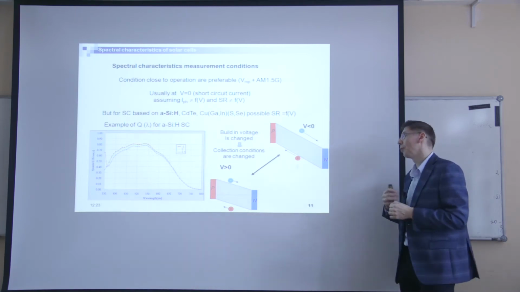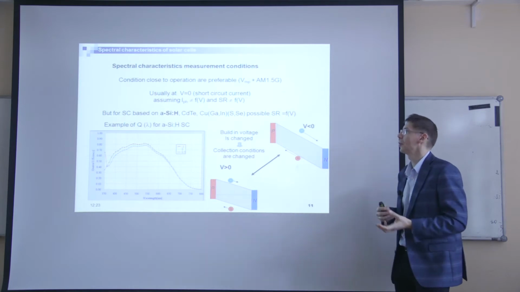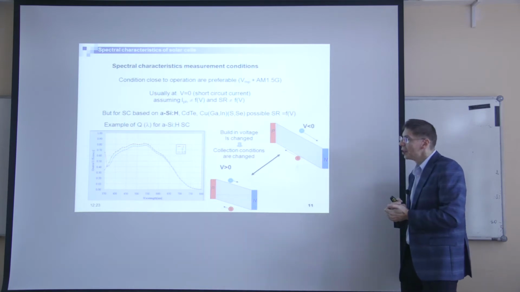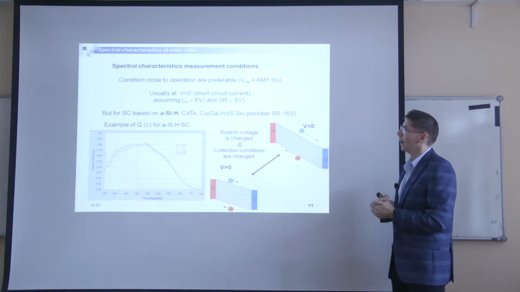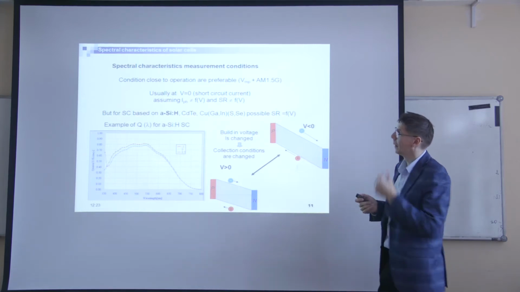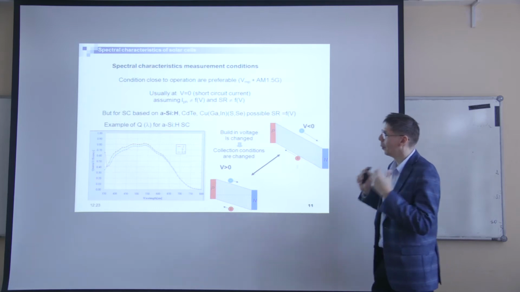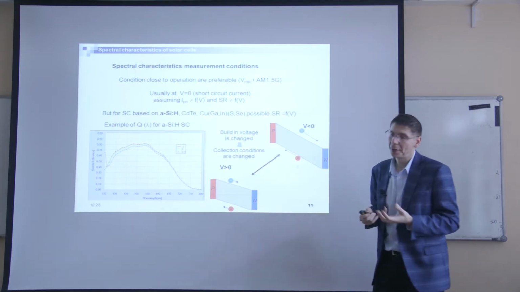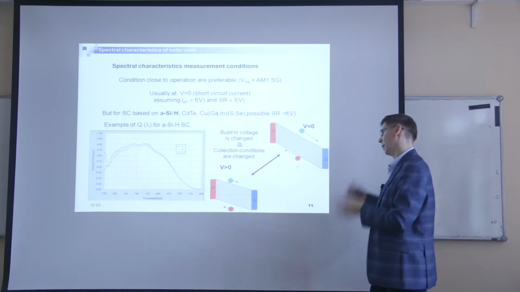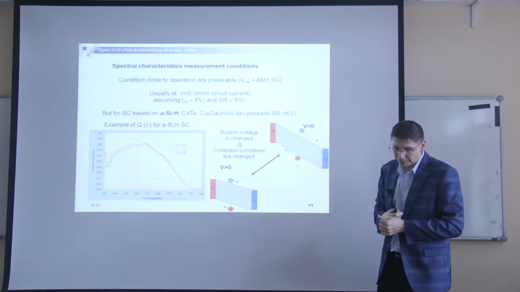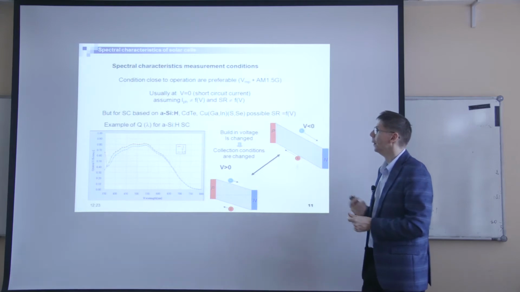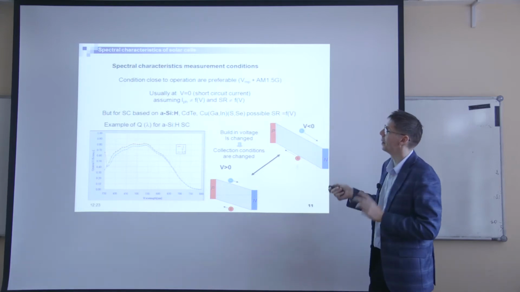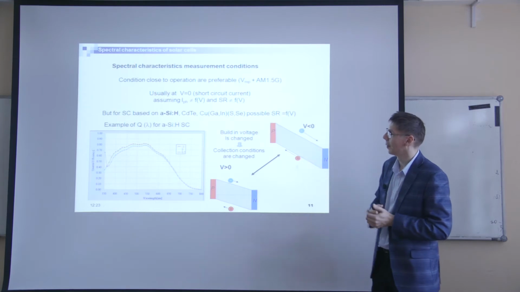Also, if you want to measure a single junction solar cell, the variation of the applied bias could be very interesting, because in most cases of the measurement, especially for single junction solar cells, the quantum efficiency is measured at short circuit current.